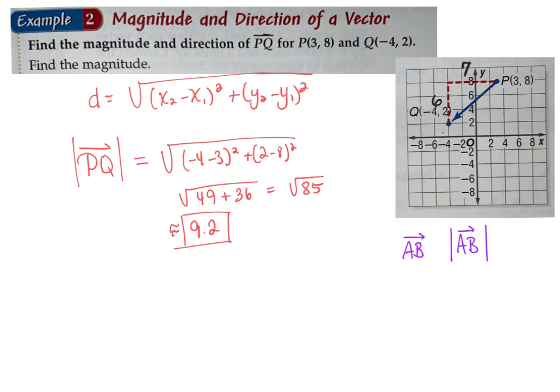And I want to find my angle. So I want to find the angle that it moved from the starting point, the angle compared to the horizontal. So I'm looking for that angle right there. Now this is a right triangle, right?